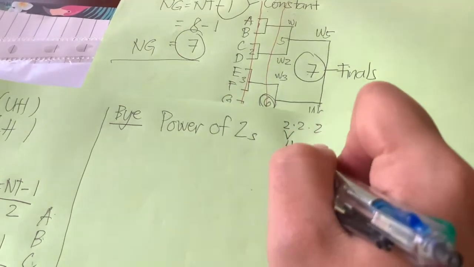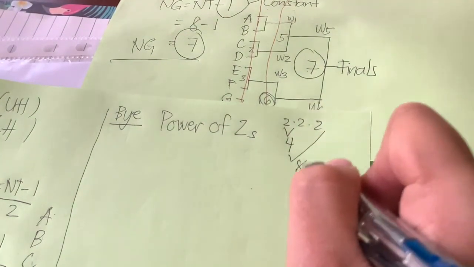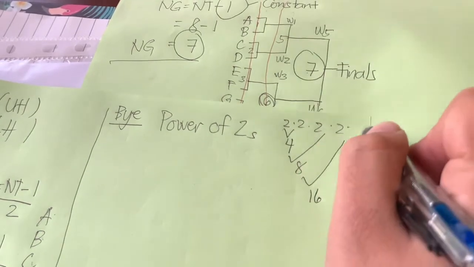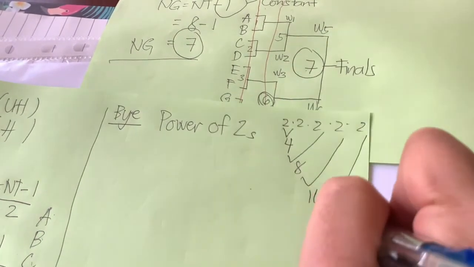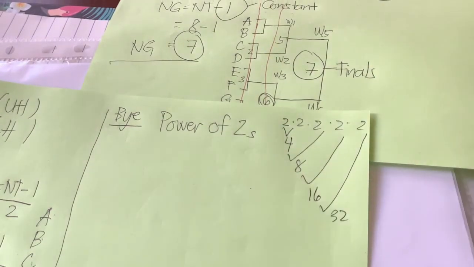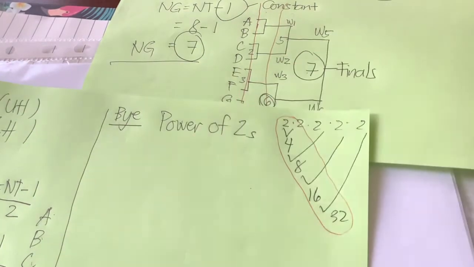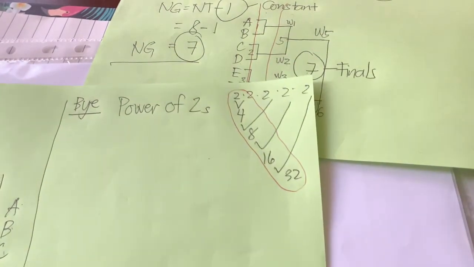Multiplied by 2, it will be 8. 8 multiplied by 2, it would be 16. Multiplied by 2, it would be 32, and so on and so forth. So getting this becomes the power of 2. Yes, this is the power of 2.